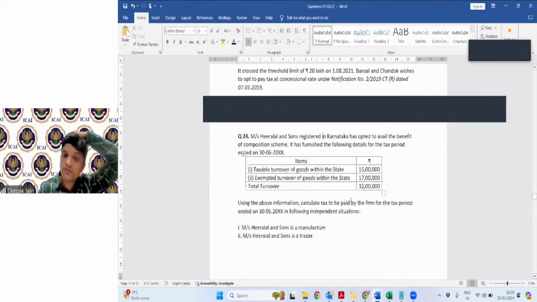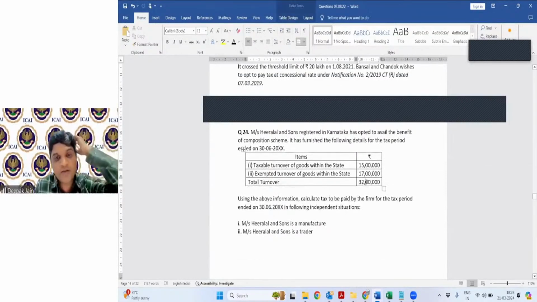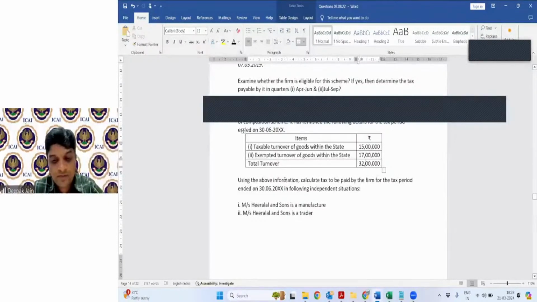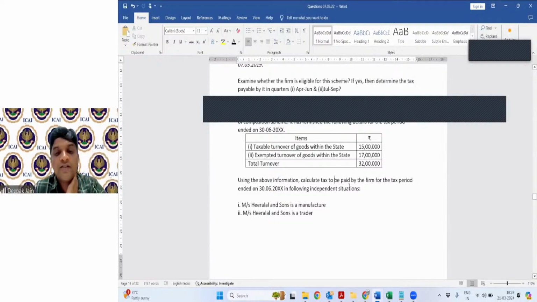Exempted turnover of goods within the state is 17 lakhs. Total is 32 lakhs. Using the above information, calculate tax to be paid by the firm for the tax period ended on 30th June 2000 in the following independent situation: when Hiralal and Sons is a manufacturer and when Hiralal and Sons is a trader. What is your answer?